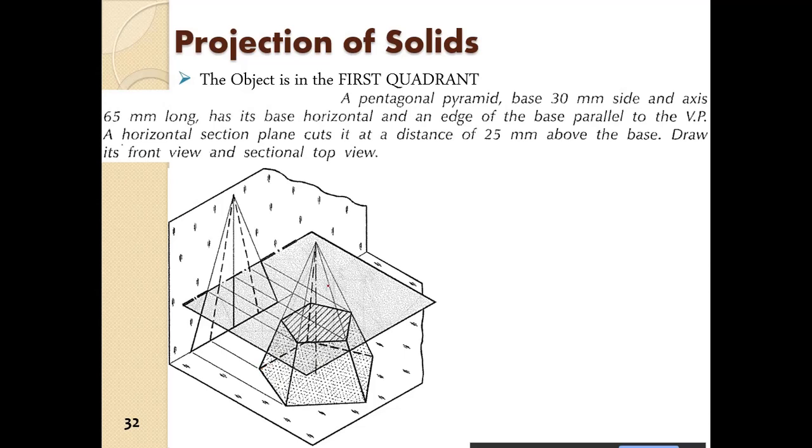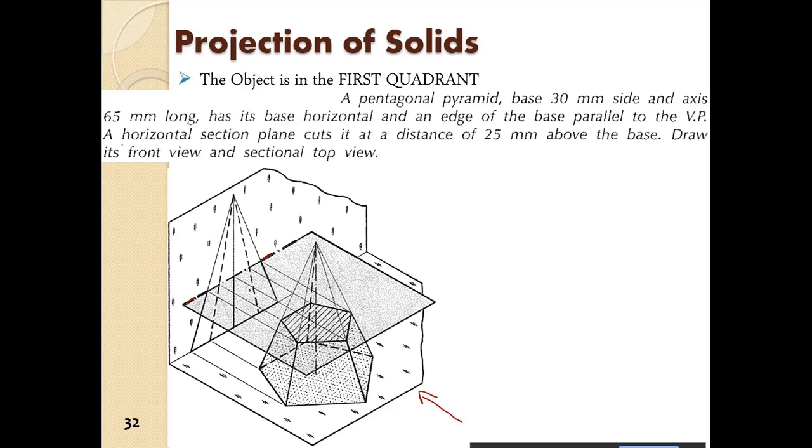So we have the pyramid here standing in front of the VP, and this is the plane of intersection. So when you see from the front, you will obviously see this is the front view and this is the plane of intersection.